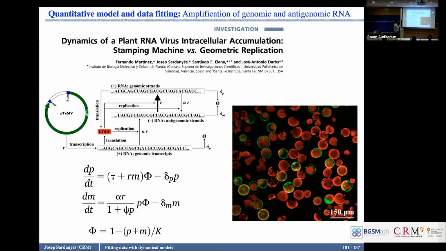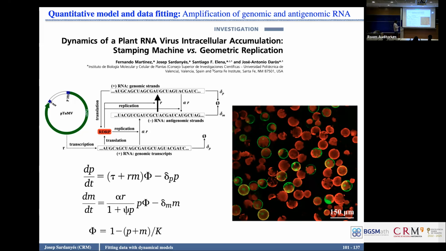And then we have three important things. So this tau, which participates as a constant in the production of the positive sense strands, what do you think comes from here? This tau does not depend on P. It's just the constant production of P, which is this process here, transcription.